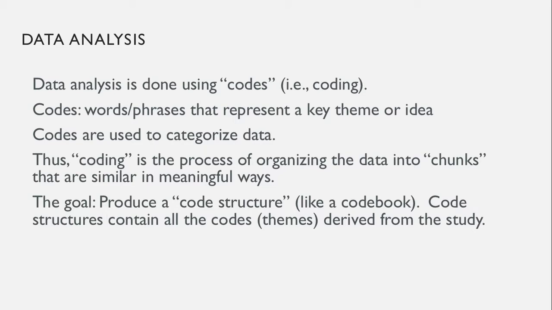So what I mean by that is you read what people said and you look for common themes to where these chunks accumulate. And the goal is to produce a code structure, and it contains all the codes and themes derived from the study.